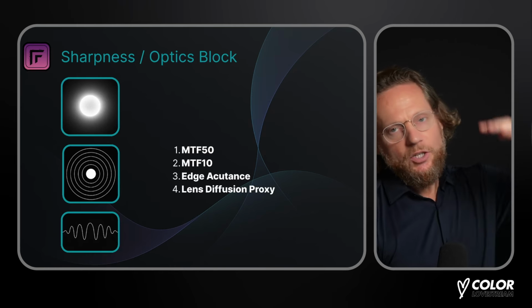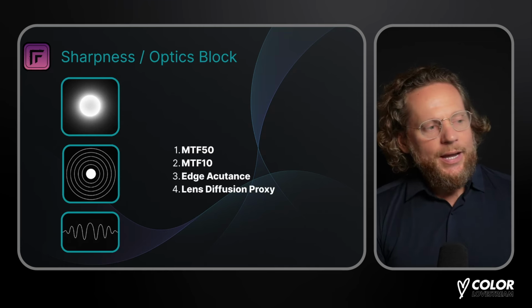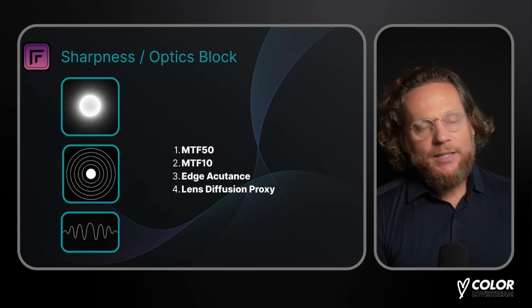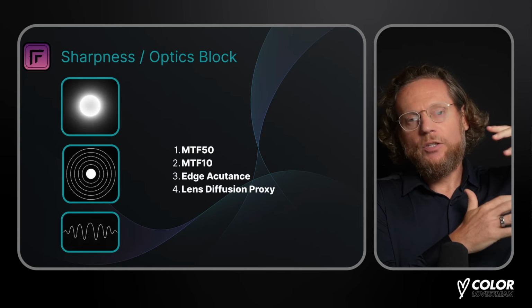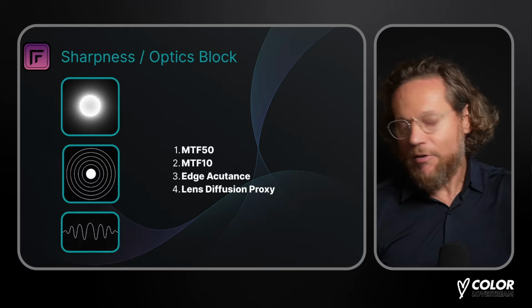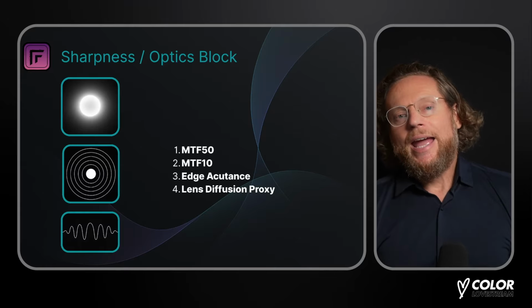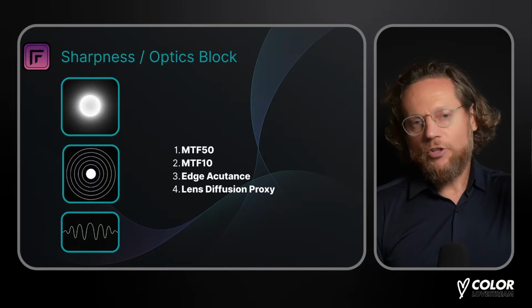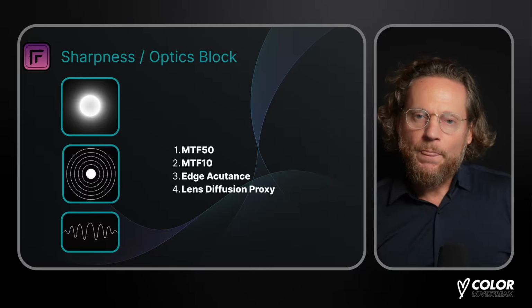For example, in digital, this is very high. In film, this is lower. Then we have MTF10. And why we need this is because we need the distance between MTF50 and MTF10. These two values are derived from the same test patch, a slanted edge image. What we are really interested in is not just one or the other, but the distance between the two.